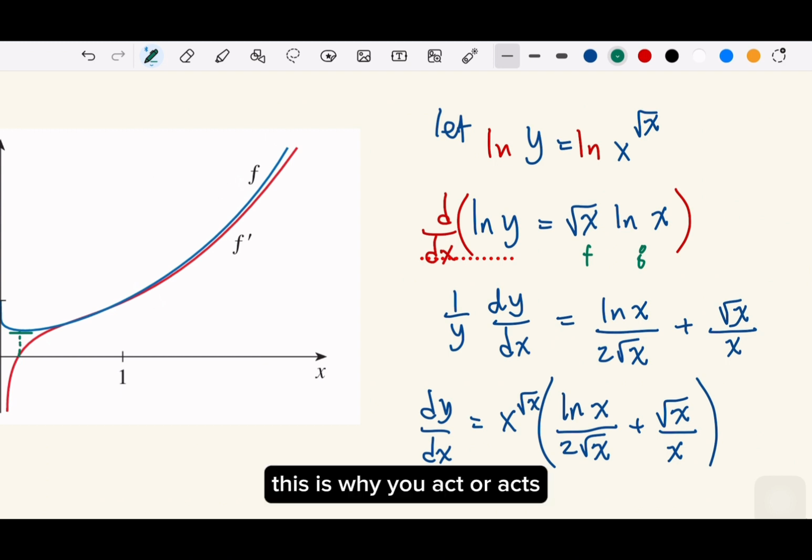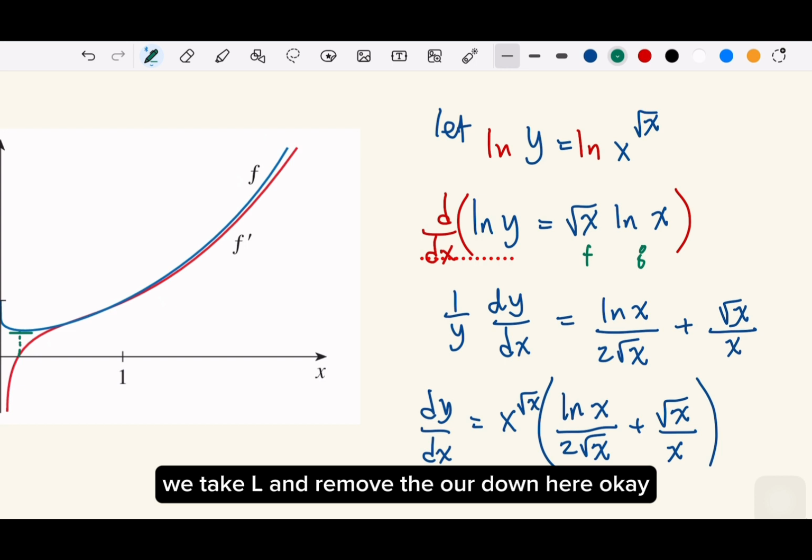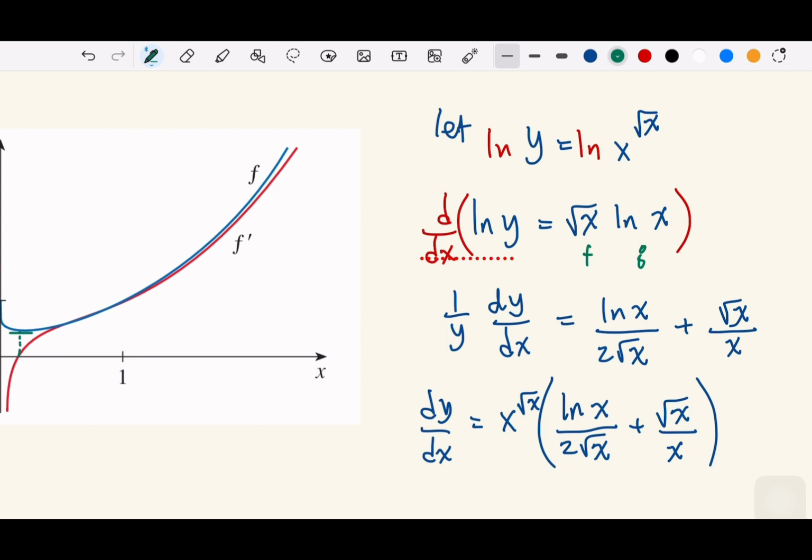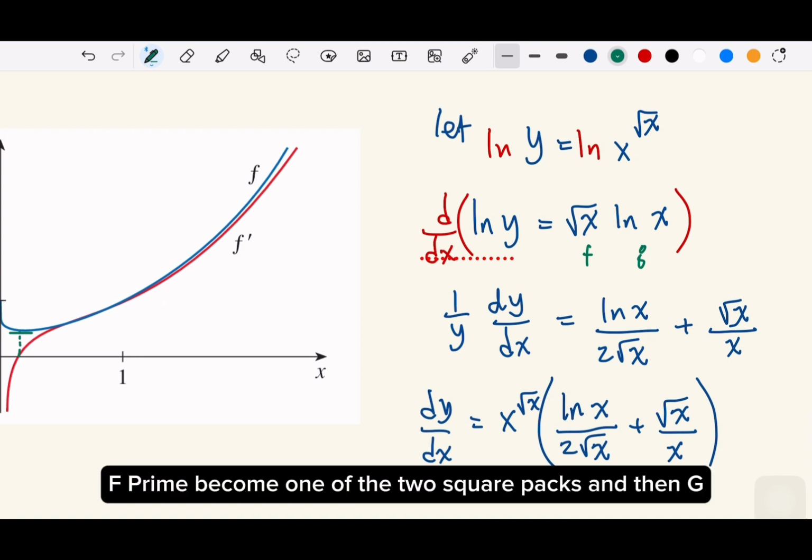This is y equal x to the power of square root of x. We take ln, okay. We move the power down here, okay. We take the derivative for all the components. ln y becomes 1 over y times y prime, okay. This one, product rule. f prime becomes 1 over 2 square root of x, and then g.